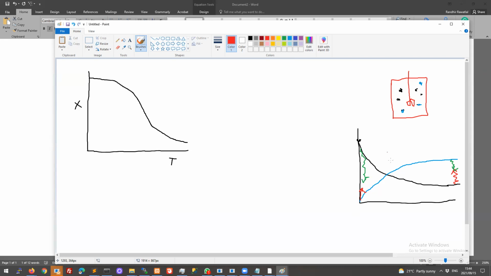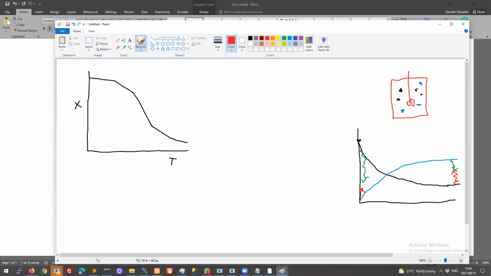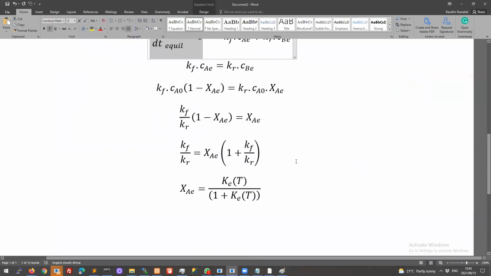You've got a far greater conversion of A to B than of B to A. But as time goes on and the amounts change, you reach a stage where the rates of the two reactions become equal. So that's equilibrium, right? Does that cover your question there, Jonathan? Okay, thanks.